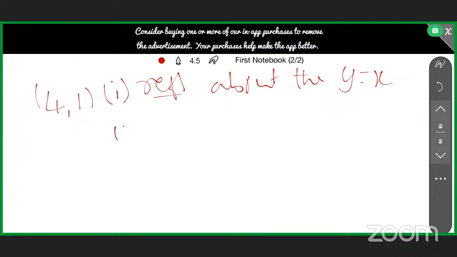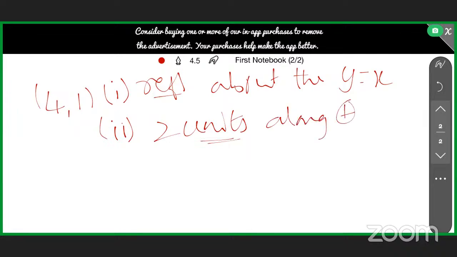The point is getting reflected about the line y is equal to x. The second transformation the point is undergoing is a translation through a distance of 2 units along the positive direction of the x-axis. The final position of this point we have to find out.